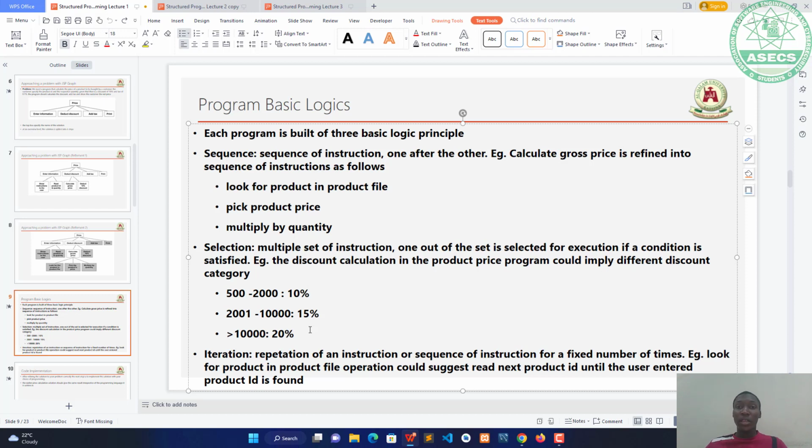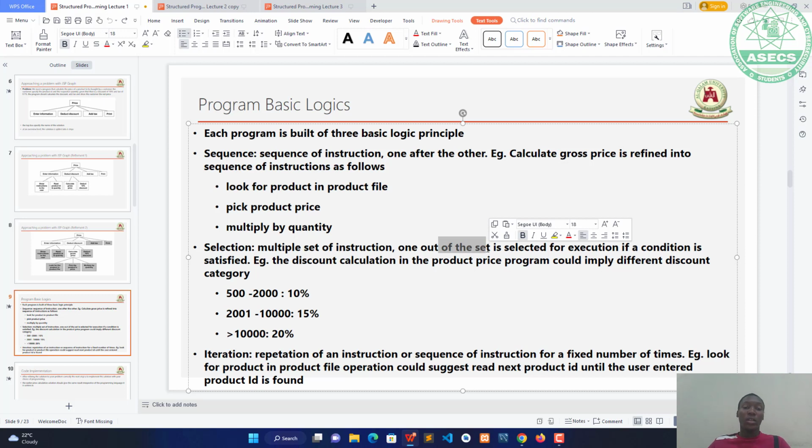Kamar na grade, idan mutum ya ci 70 to 100 a bashi A, otherwise ba sai a duba ya ci 60 to 70 ne a bashi B, otherwise ba ya ci was it 50 to 60 shine C ko something like that. So as you can see, muna da set of abubuwa but out of them ake ɗaukan ɗaya sai a picking nashi, then idan ya zama true it will be executed or it will be satisfied for that condition to work.